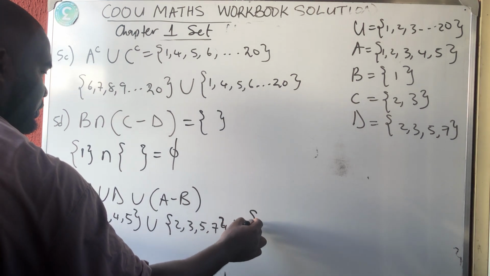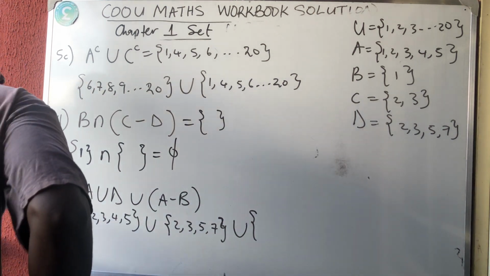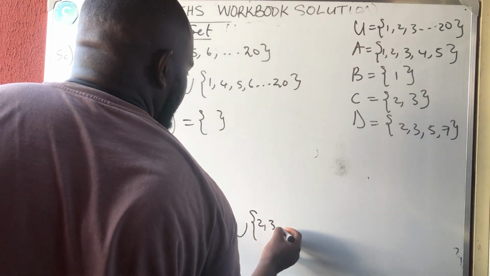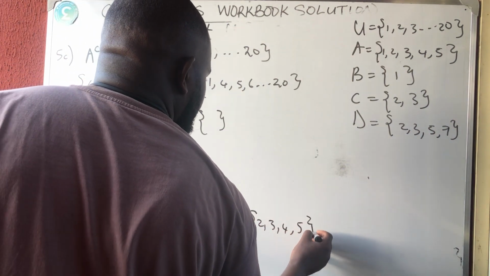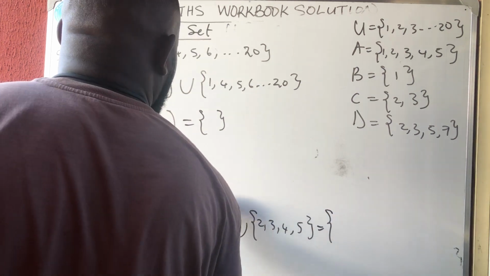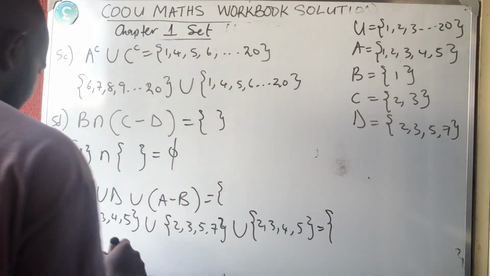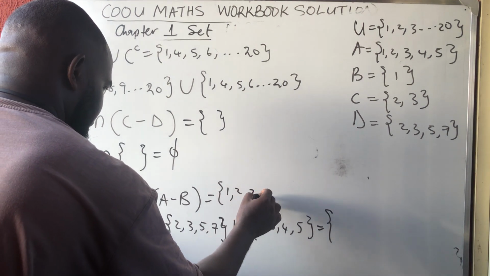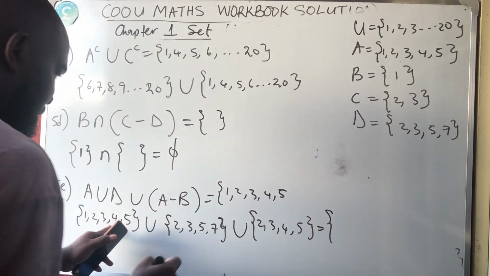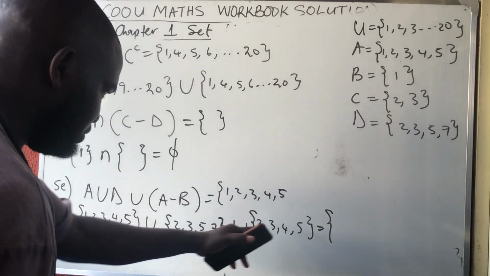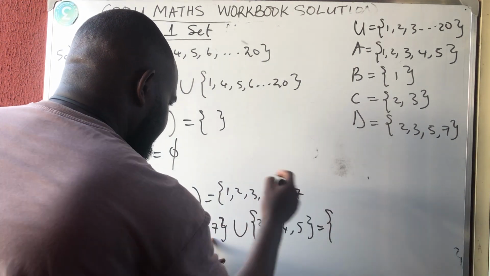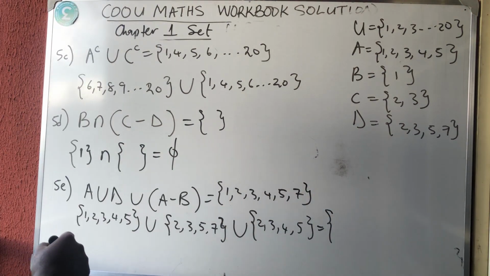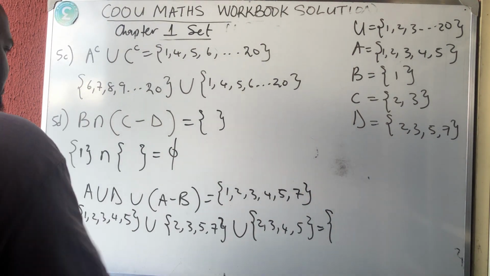Union A minus B. My answer is coming from A. So if I remove this one, I'm having 2, 3, 4, and 5. So if I unite all these things, the answer is going to be what? If I unite them, I'm going to have 1, 2, 3, 4, 5. There is no 6, but there is 7. Is there any other thing to unite? No. So this is their union. Okay? So still permit me to clean.